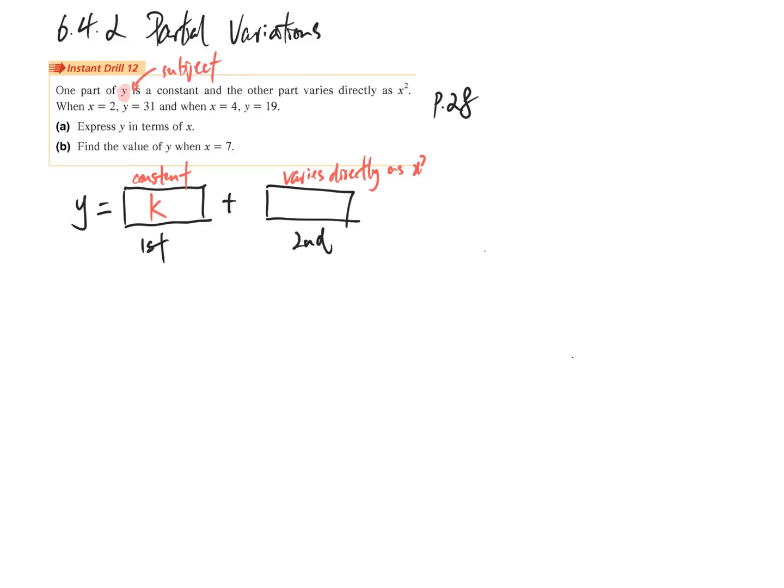So if we know that the second part varies directly as x squared, then we might put something like kx squared in the second box here. But please bear in mind that these two k's from the first and from the second part might not be the same. They may be different constants after all.